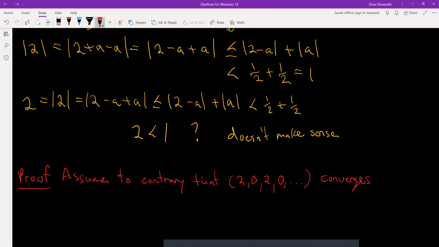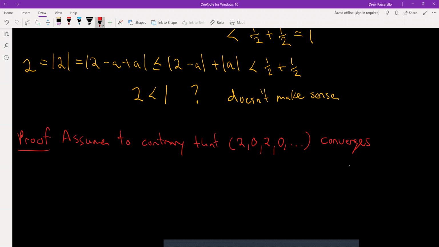And let's say we'll call this value that it converges to some number a, some a in the real numbers.